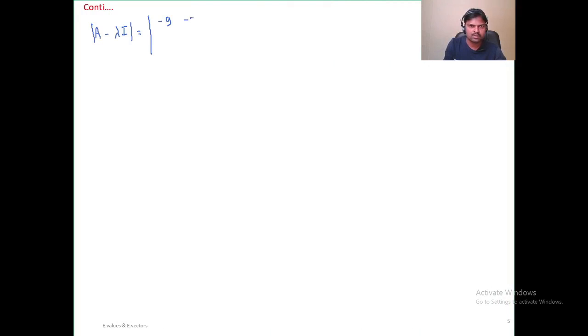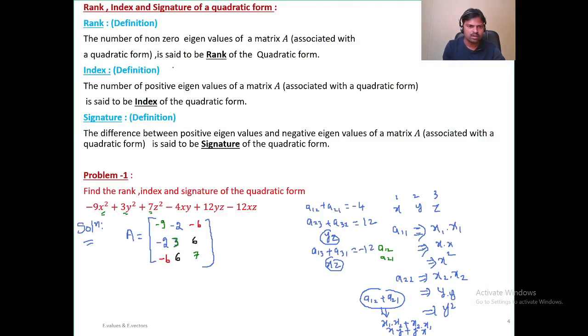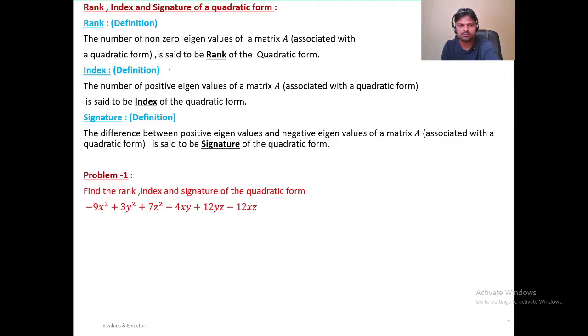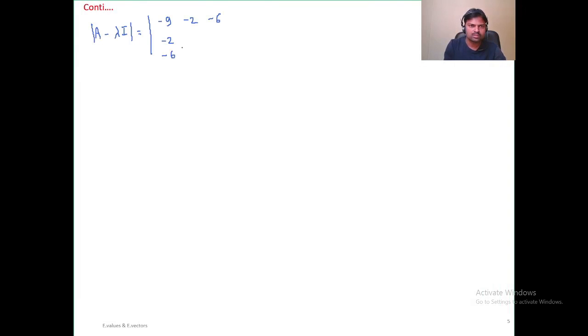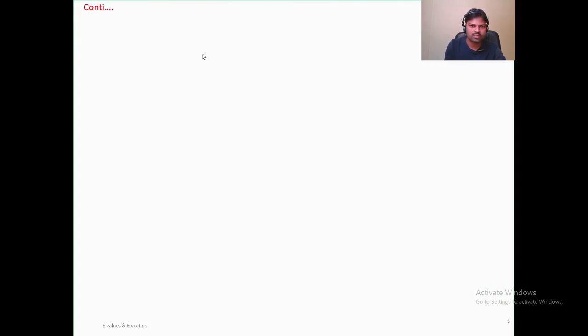And because it is a symmetric matrix, minus 2, 3, 6, and next one, minus 6, 6, 7.